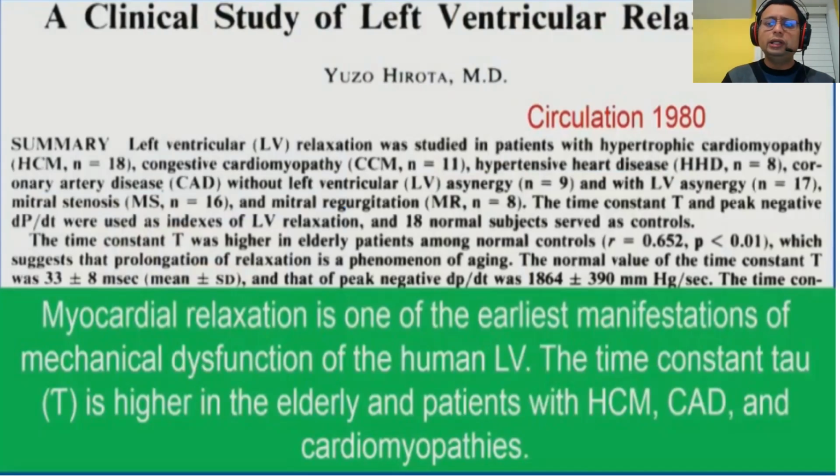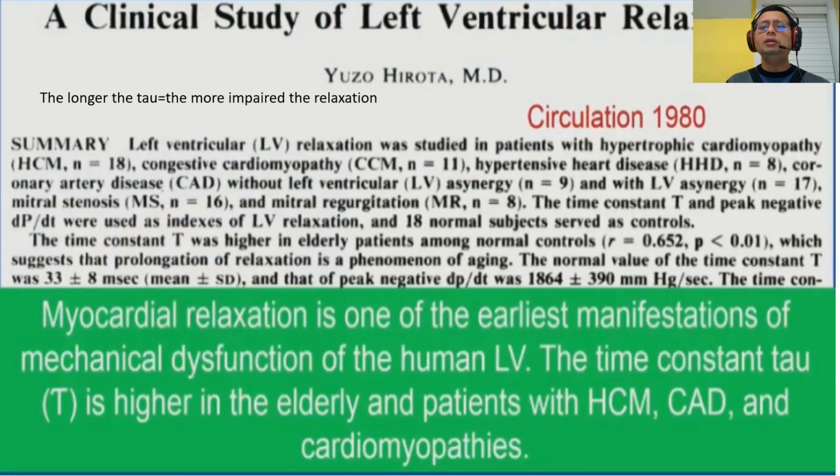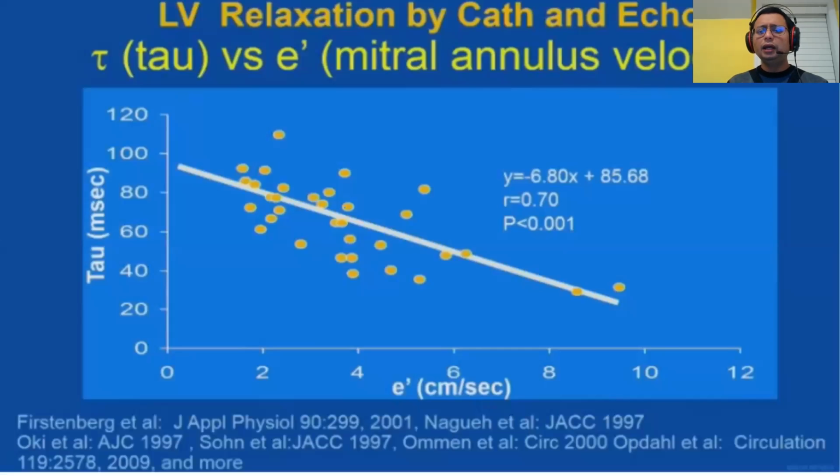And this is what they do in the laboratory, not what they do in the echo lab. So first, we go to the laboratory, and we learn about this myocardial index of relaxation, tau. The longer the tau, the more impaired the relaxation. With the advance of tissue Doppler, however, people noted that the E prime, which is the tissue velocity, how fast the septal and the lateral tissue move, is inversely proportional to tau.